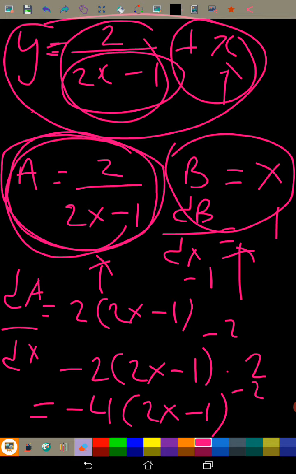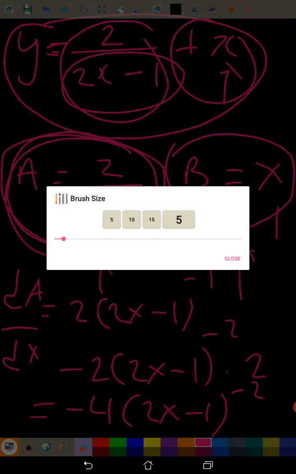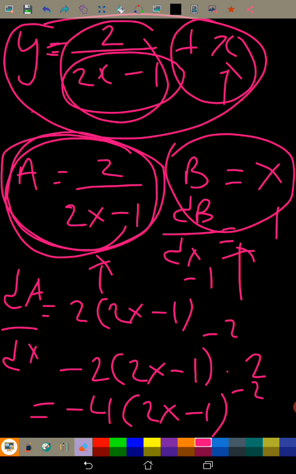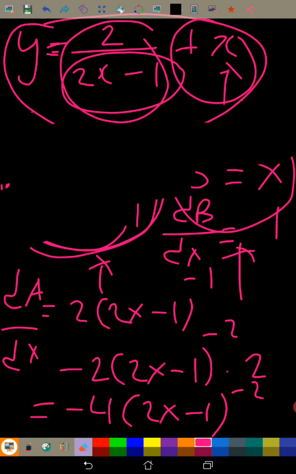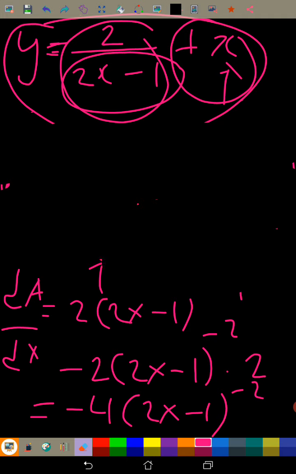How can I write this mathematically? dy by dx, where y is equal to a plus b.